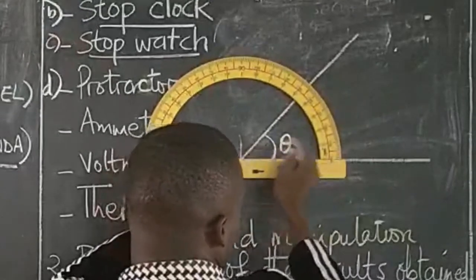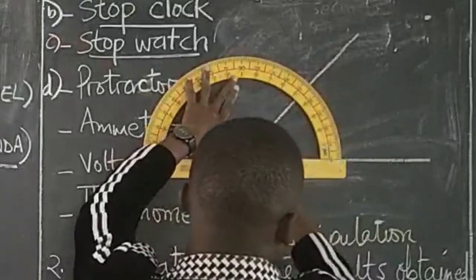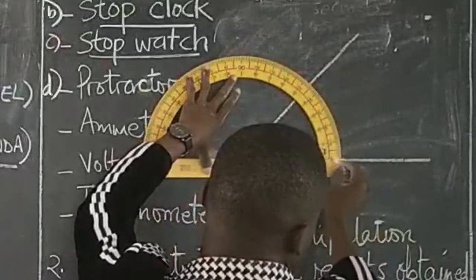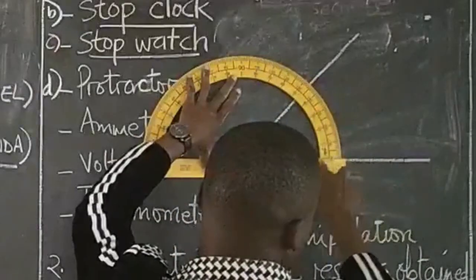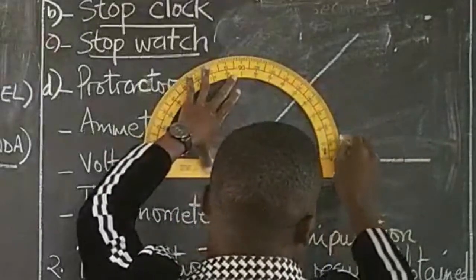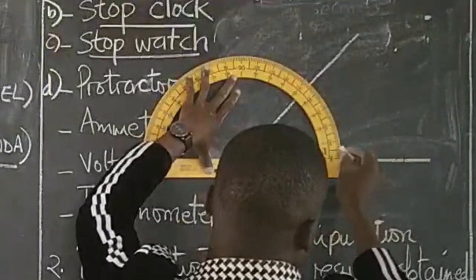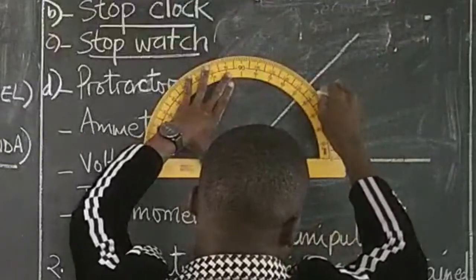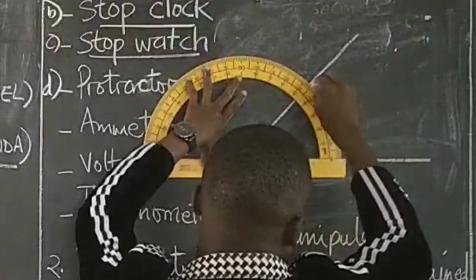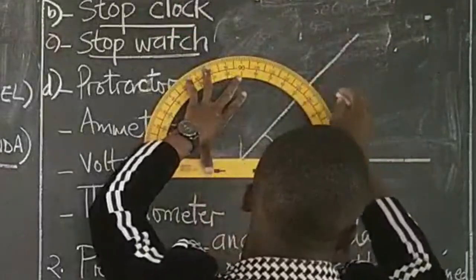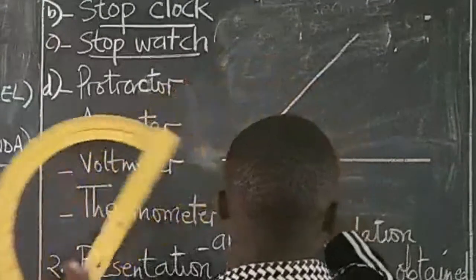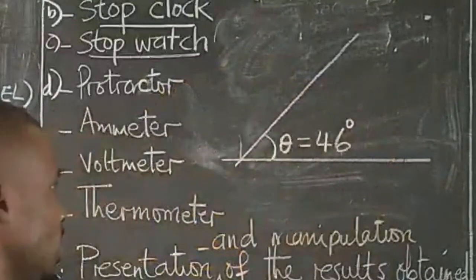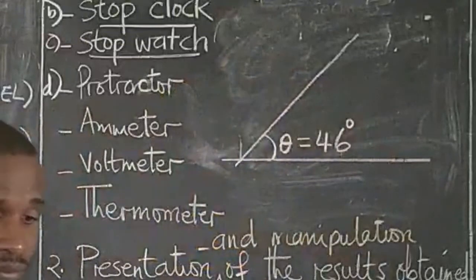It must be here. Then I measure my angles. So I have here 10, 20, 30, 40, 45, 46. I have 46. So this is 46 degrees, like that.